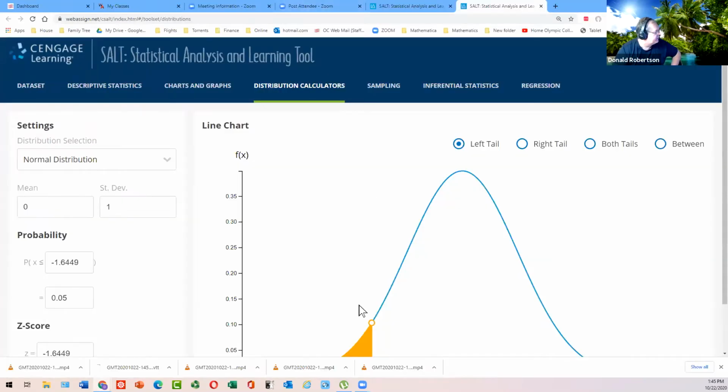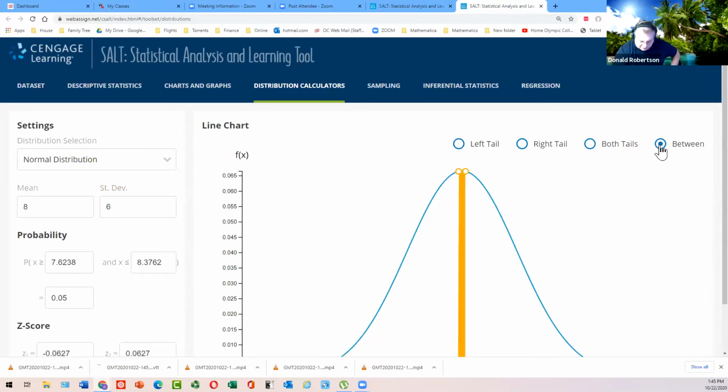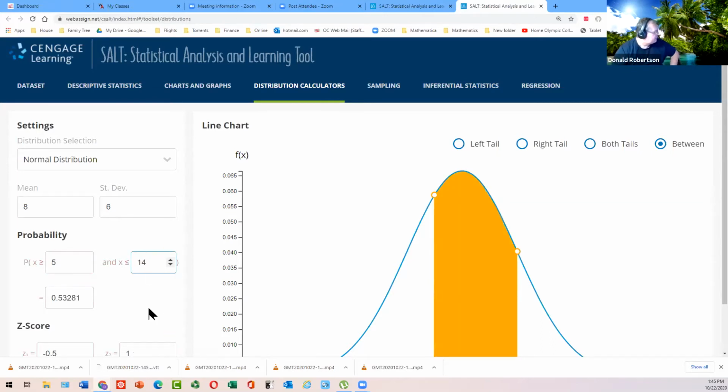Bring it up here. Now the mean here was 8. The standard deviation in this question was 6. We were going to do a between, and the numbers were 5 to 14. And the answer I got was 0.53281.